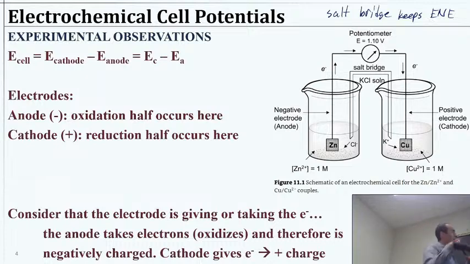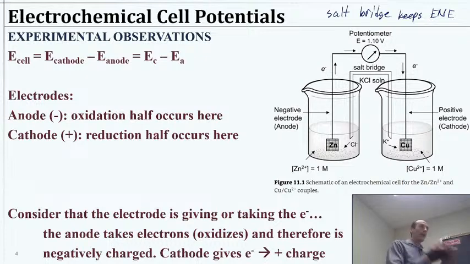So the way I make sense of that is to consider the electrode that is giving electrons versus taking electrons, that's how to think of the cathode and the anode. So the anode takes electrons, so it's oxidizing other things. That's why the oxidation half is occurring there.